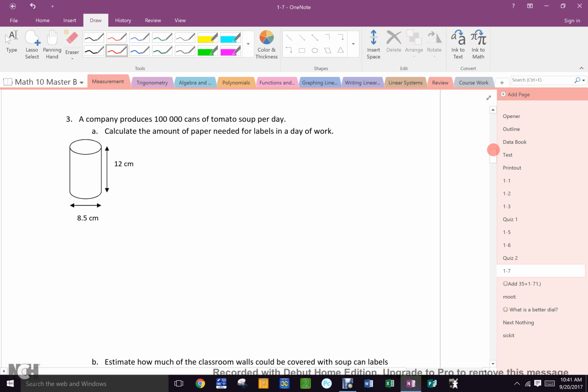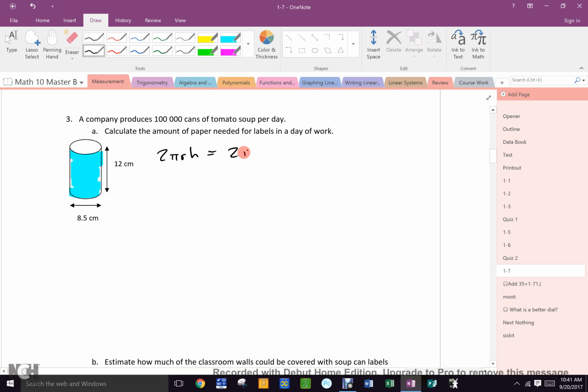Soup. Where's the paper go on a can of soup? Around here, right? So is it surface area, Anna and Joe, or is it volume? It's surface area. Is it the whole surface area? No. It's only the 2 pi RH part, yes? Because we don't put any paper on the top and bottom.